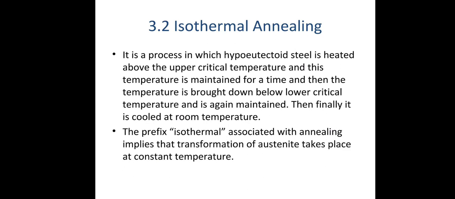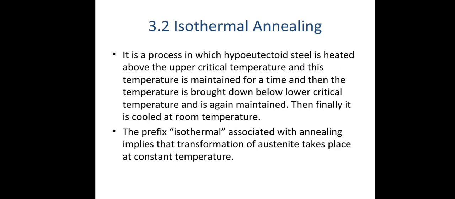Now we are seeing isothermal annealing. It is a process in which hypoeutectoid steel is heated above the upper critical temperature and this temperature is maintained for a time. Then the temperature is brought down below the lower critical temperature and is again maintained. Finally it is cooled to room temperature.